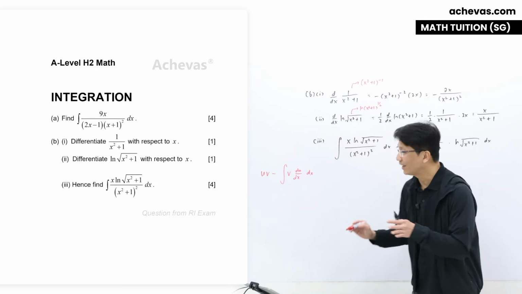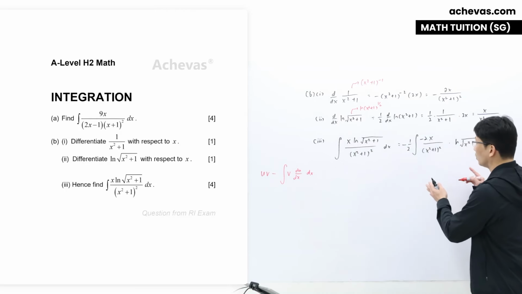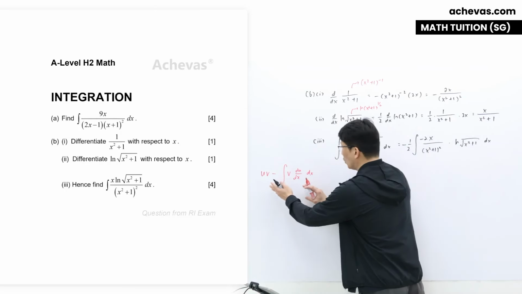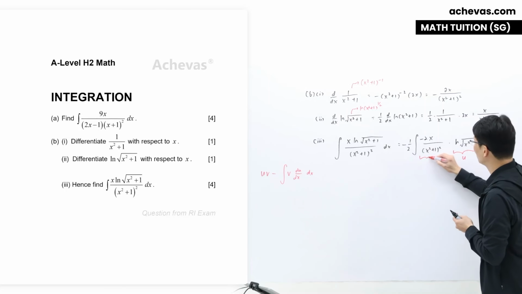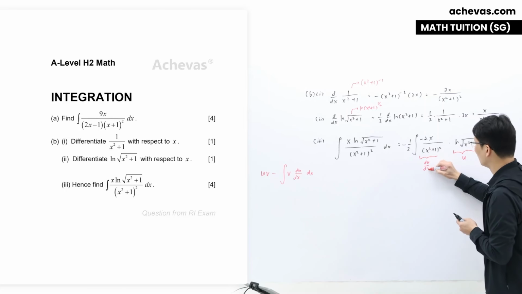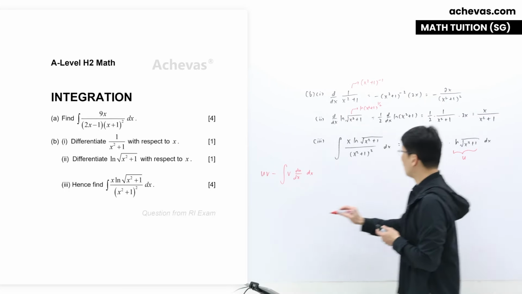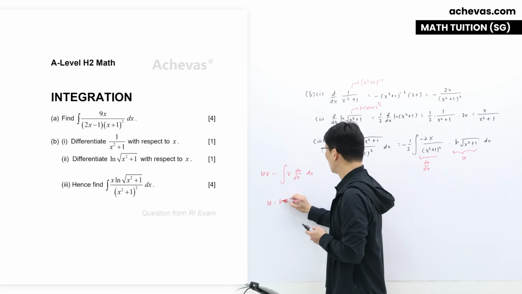So we are going to assign the terms for this one to be u and dv/dx. Obviously I'll let this be u and this be dv/dx. So u is equal to ln square root of x squared plus 1.